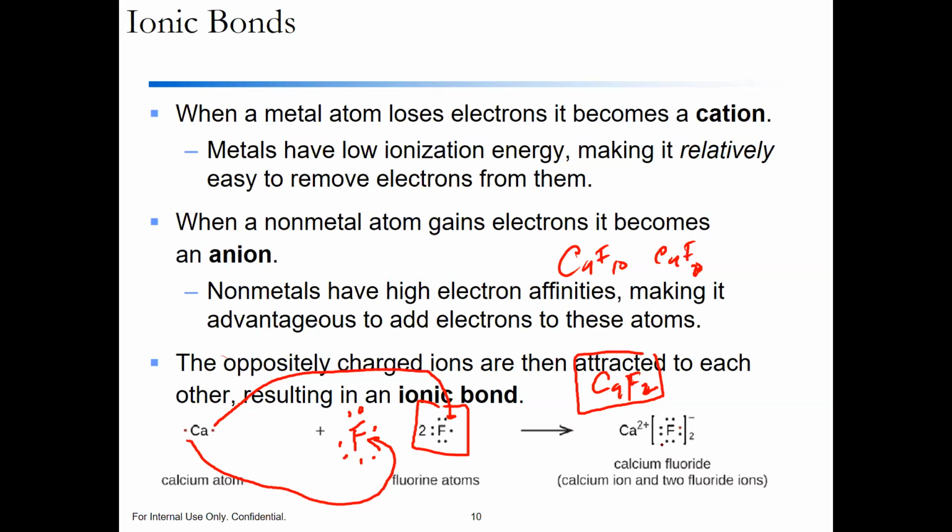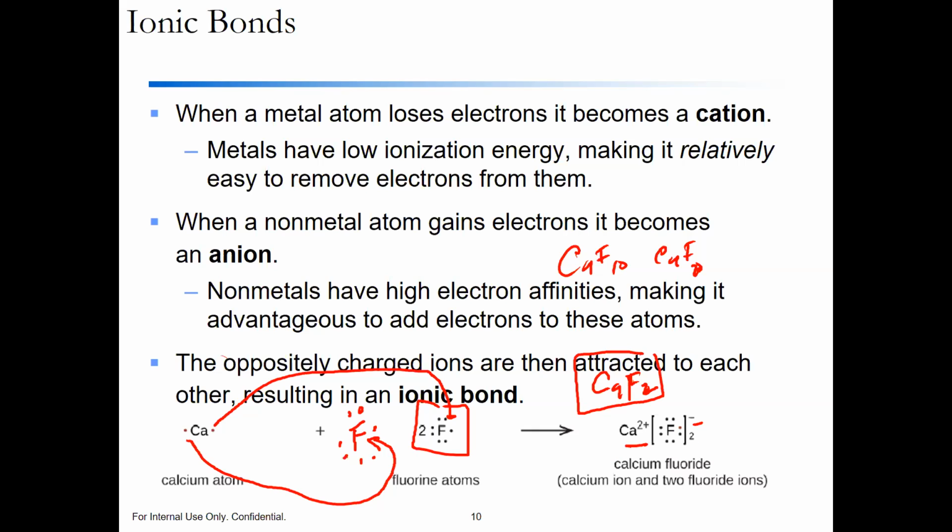Why? Because calcium is going to lose 2 electrons, and fluorine is going to gain 1 electron each. And this combination gives us 8 valence electrons for fluorine, and calcium loses 2 electrons to give us a noble gas configuration. So where do we get this +2 charge and minus charge for fluorine?